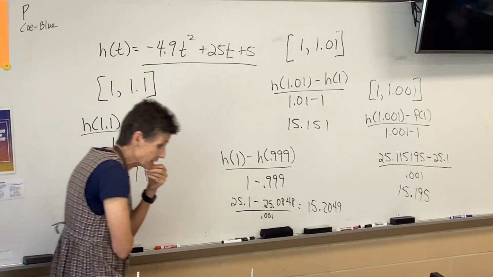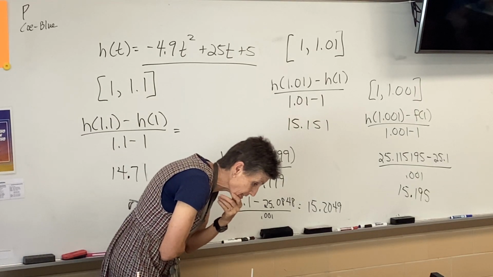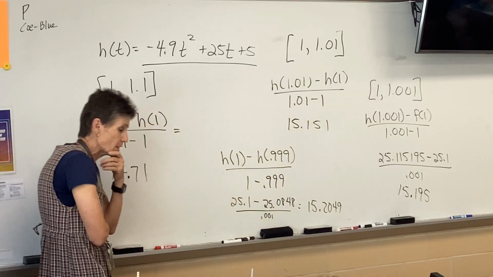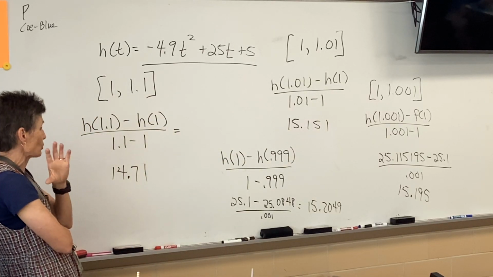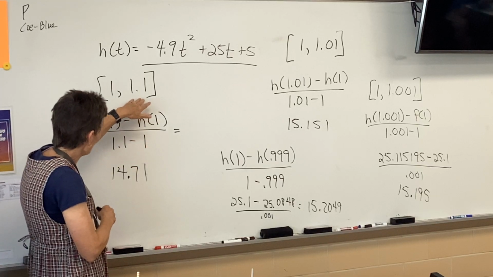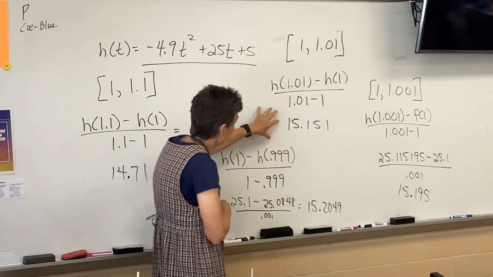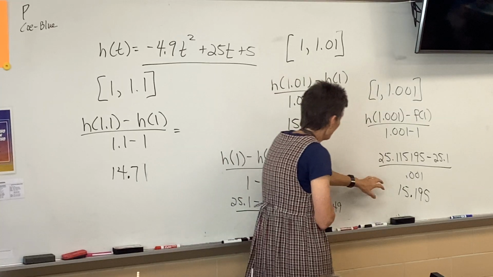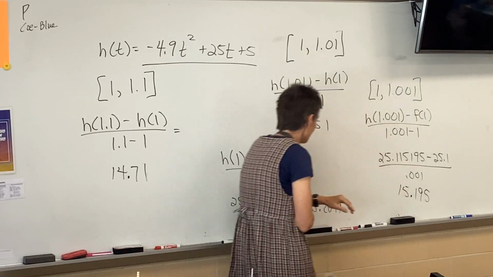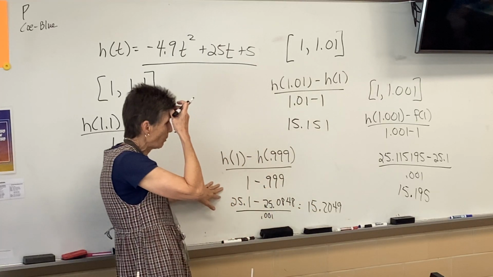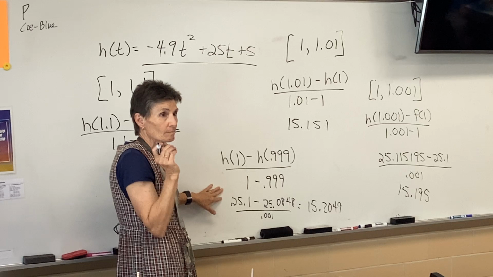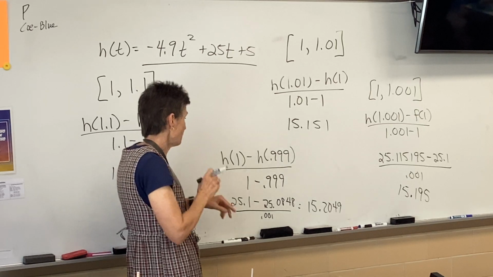All right, you need to make a decision based on example 4. What do you think is the true rate of change at time t equals 1? So this was within 0.1, this was 0.01, this one was 0.001, and then this one was 0.001 on the other side of 1.